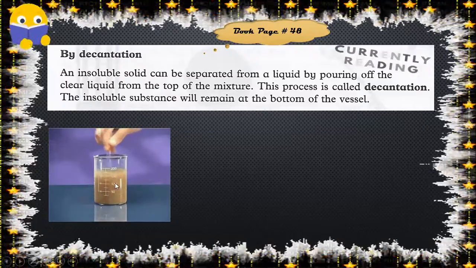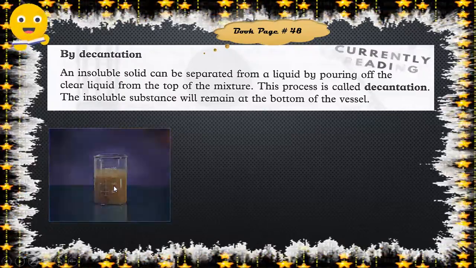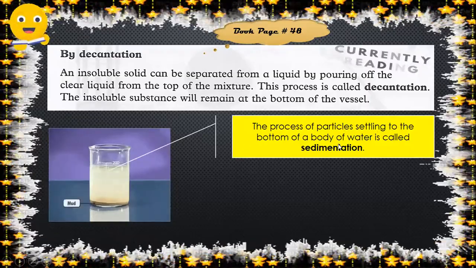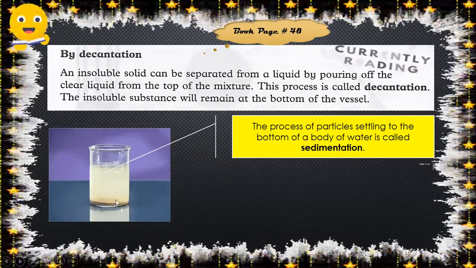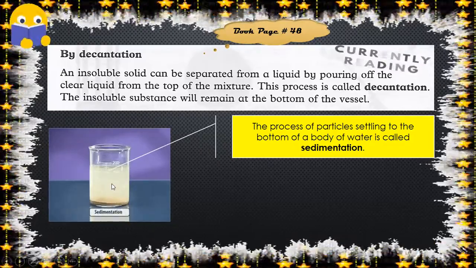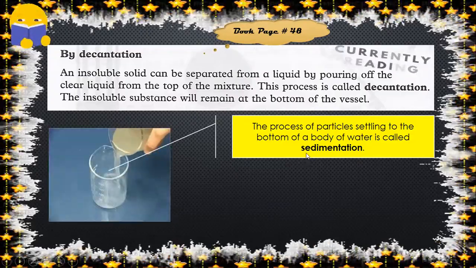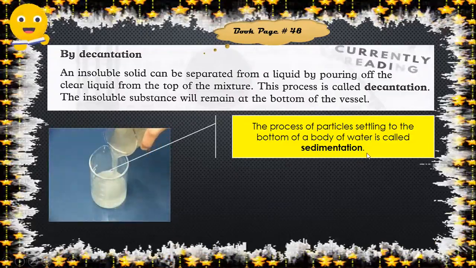See, it is a mixture of sand and water. After some time you see that the process of particles settling to the bottom of the vessel is called sedimentation. That is, when we mix the sand and water, after some time the sand settles down. So that is a process called sedimentation.